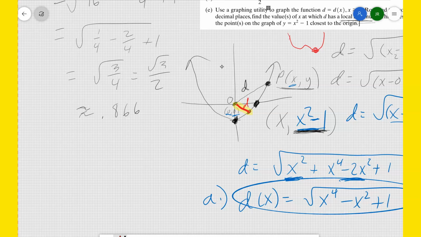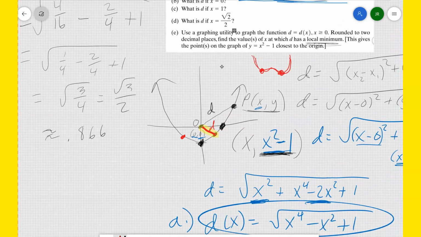So the minimum is right in there. It's the same minimum right there, which is going to be this point here. But all I care about, it says for x greater than or equal to 0. So I'm only looking at this half of the function. So I'm going to look for this one.